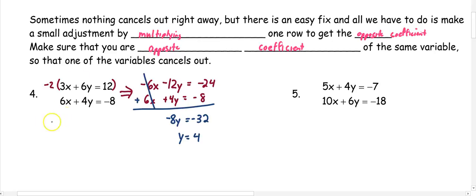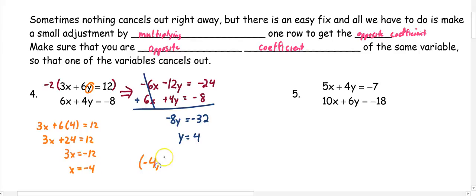This time let's use the first one. 3x plus 6 times 4 equals 12 because we're putting 4 in for y. So we get 3x plus 24 equals 12. We're going to subtract 24 from both sides, so 3x equals negative 12. Divide by 3, so x is negative 4. Our ordered pair would be negative 4, 4.